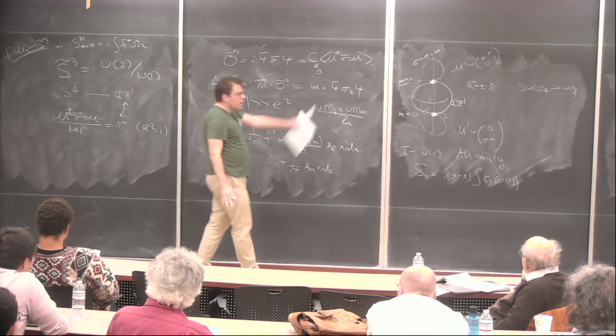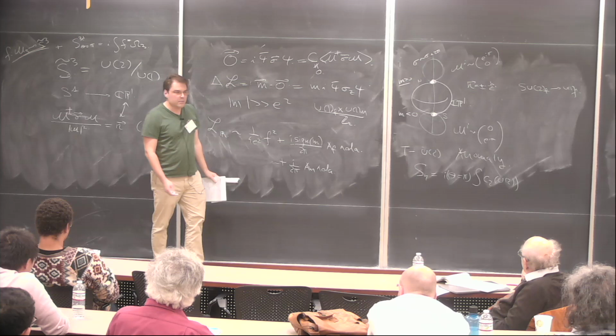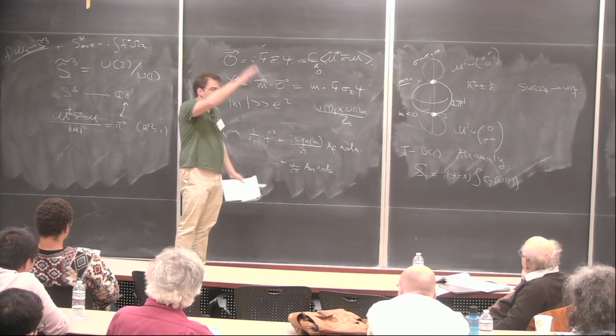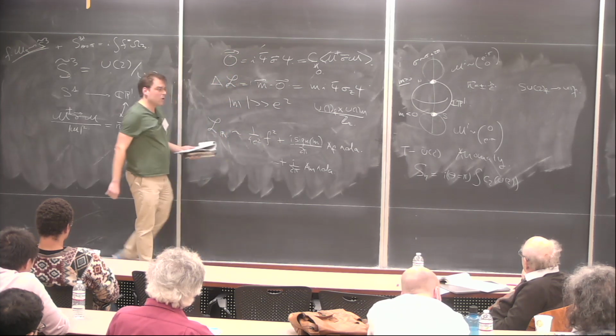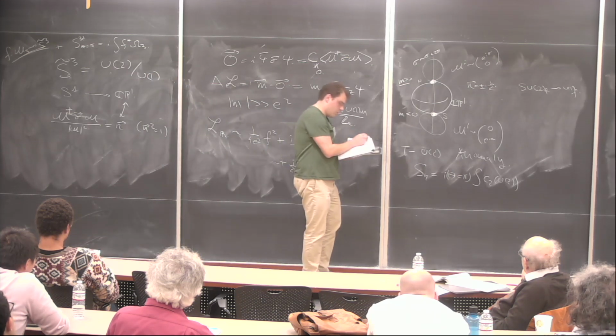So I've argued that this is natural based on the large m and the small m regimes, but in fact we can prove that there's an entire continuously connected Coulomb phase for all non-zero m, where the symmetry breaking looks like that.